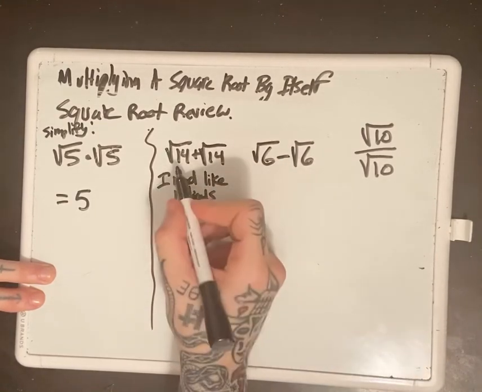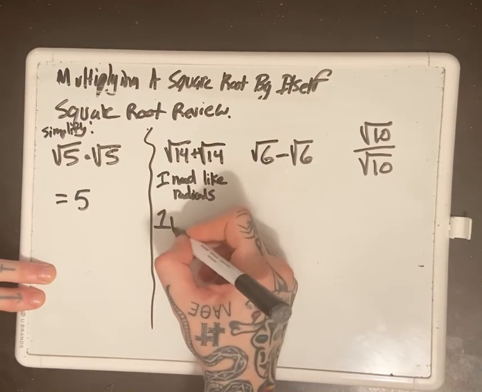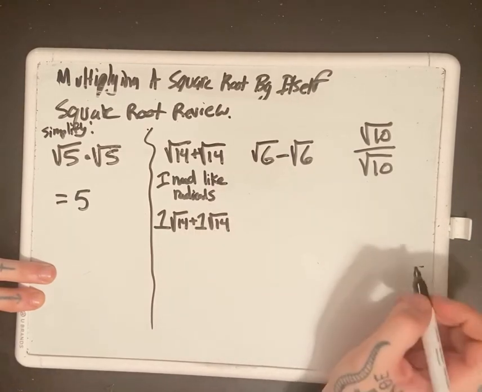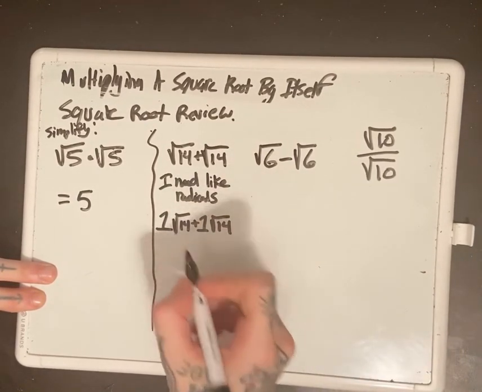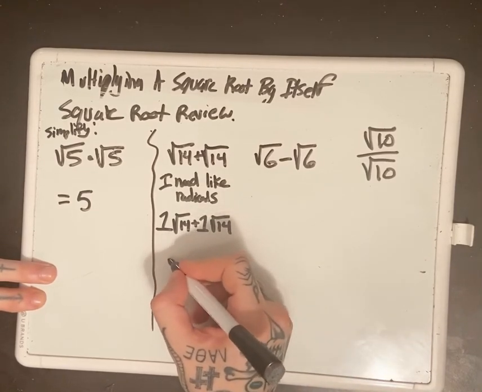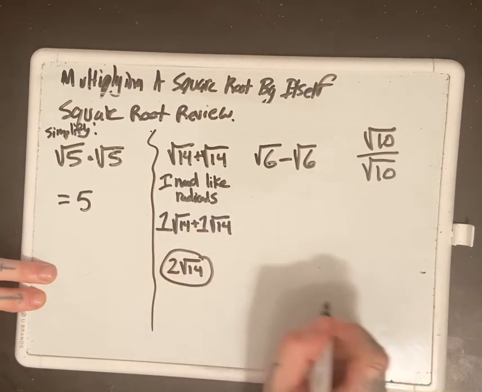Luckily these are both square root 14. I'm going to rewrite it like this though: 1 square root 14 plus 1 square root 14. So if I have one group of square root 14 plus another group of square root 14, in total I have 2 groups of square root 14.